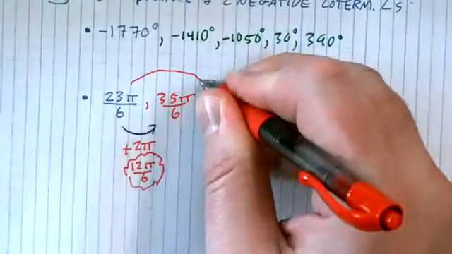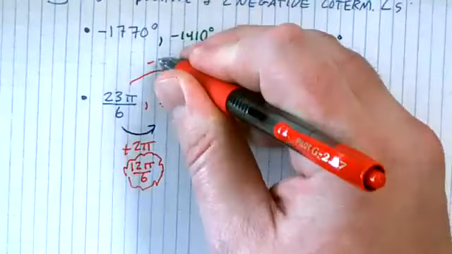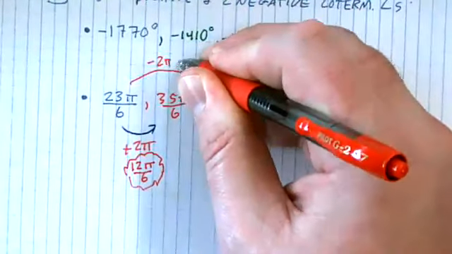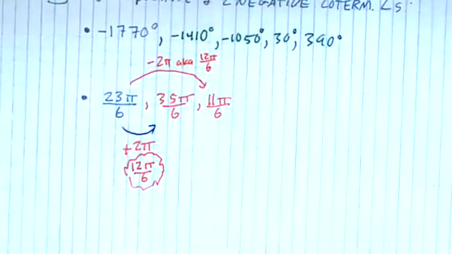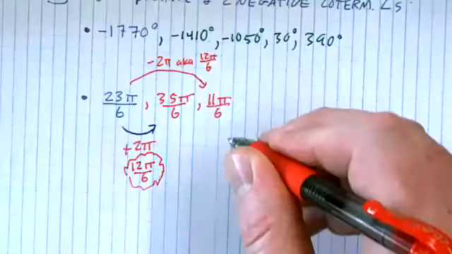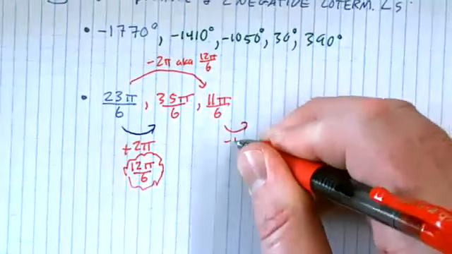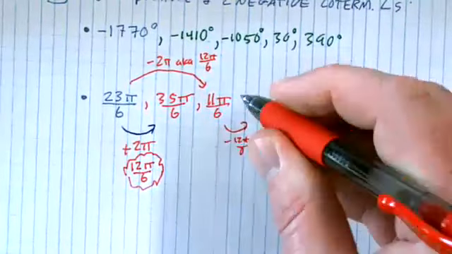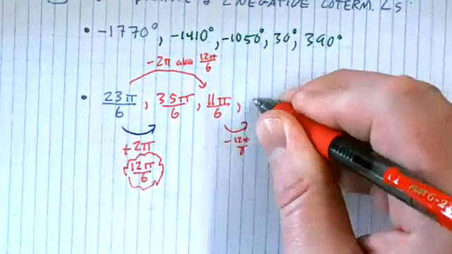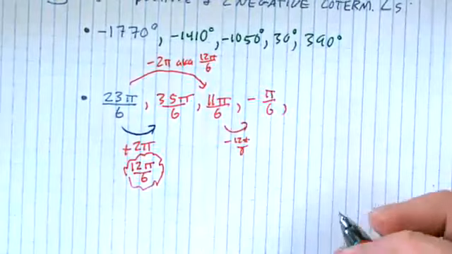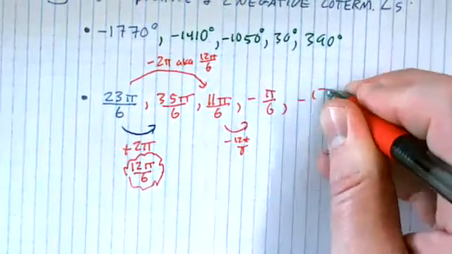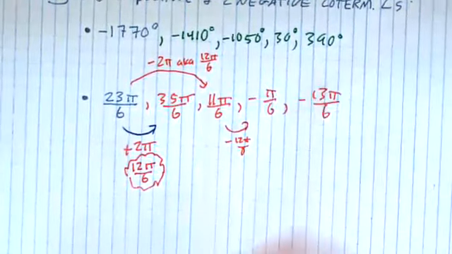So here I did minus 2 pi, aka 12 pi over 6. And then let's do minus 2 pi again. So minus 12 pi over 6 would get me to negative 1 pi over 6. Minus 12 pi over 6 again will get me to negative 13 pi over 6. See how easy that is?